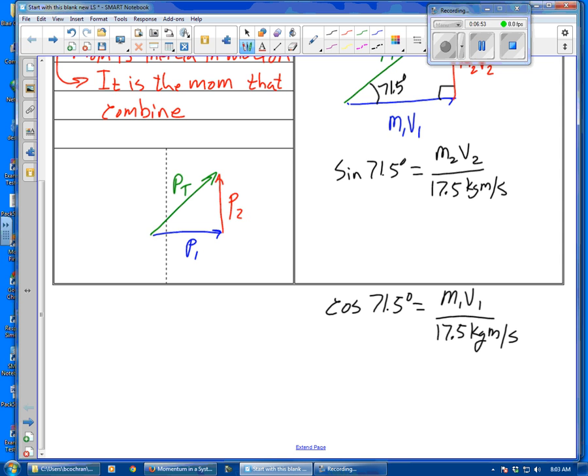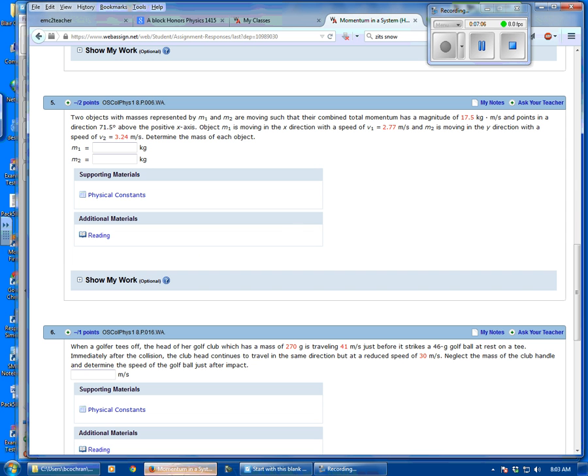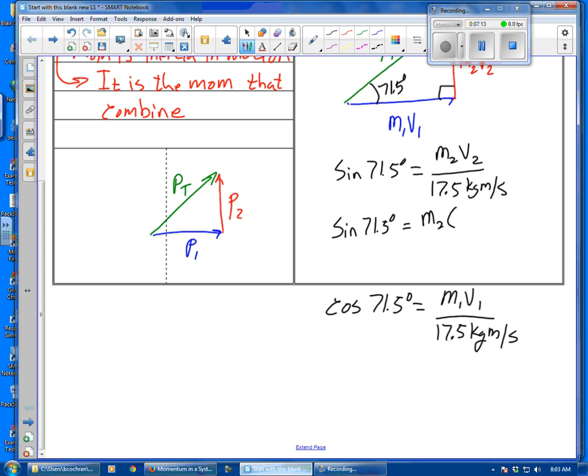And now I'm going to substitute in what I know, which will leave me with sine 71.5 degrees equals M2 times 3.24 meters per second over 17.5 kilogram meters per second. Solve that for M2.